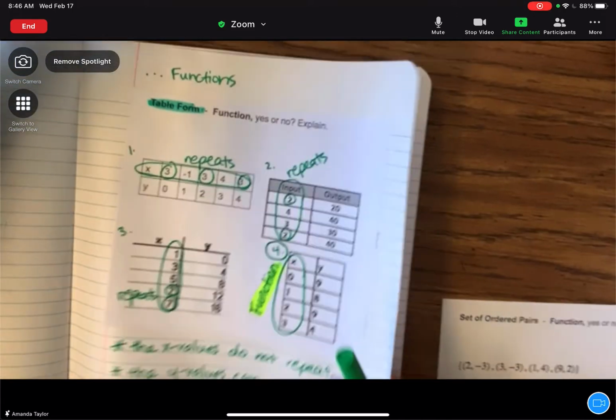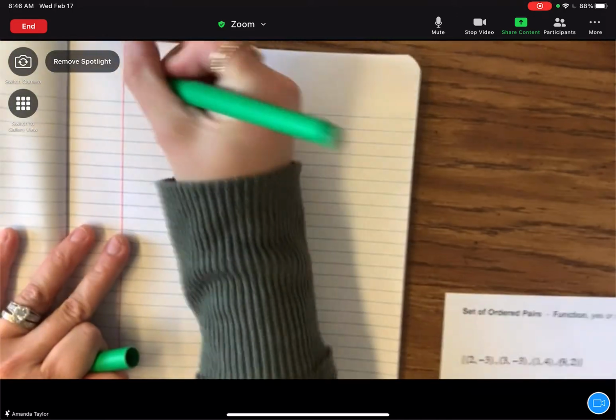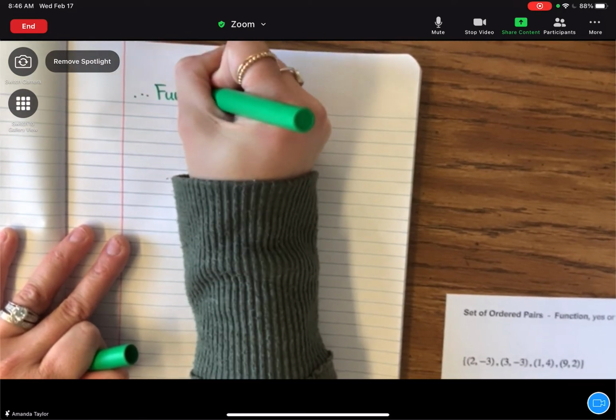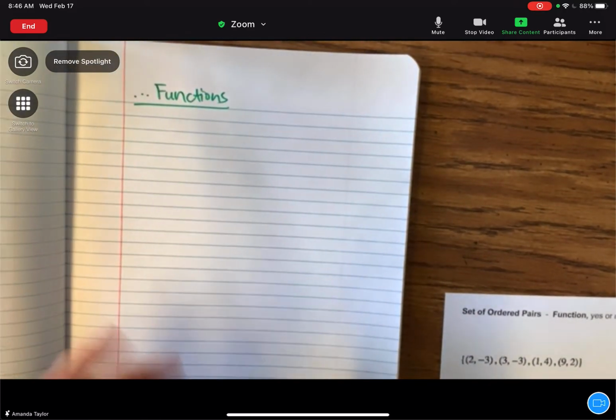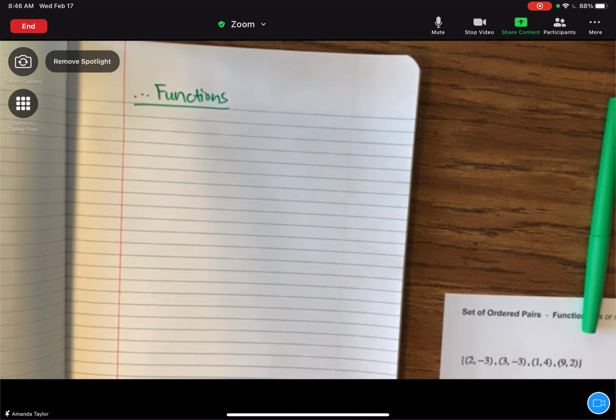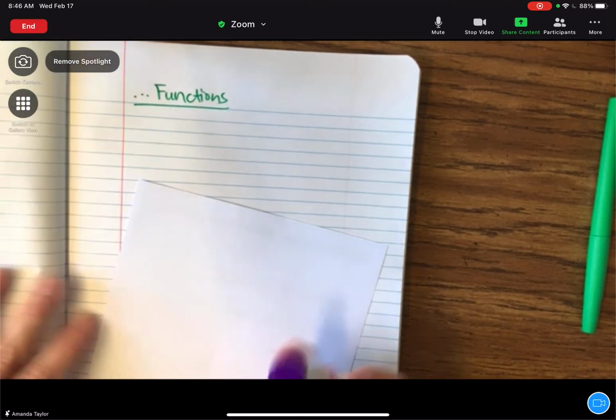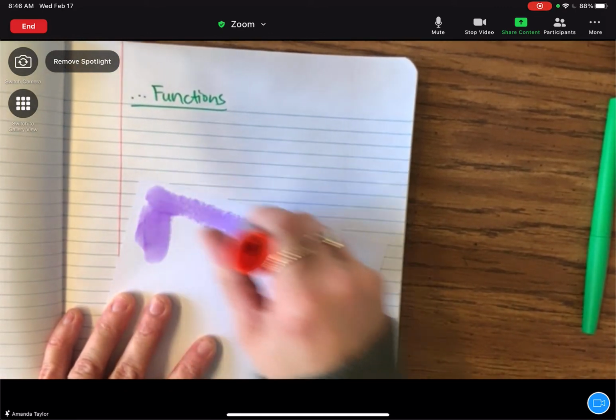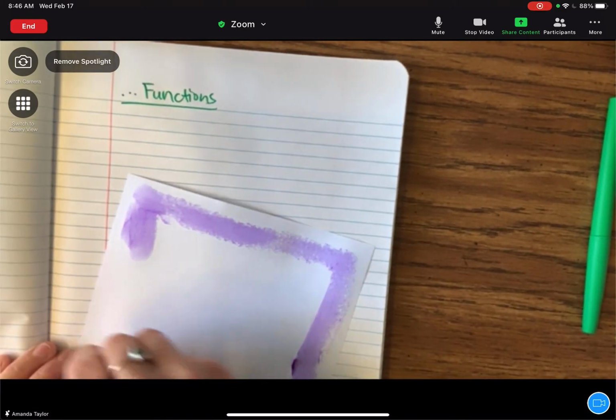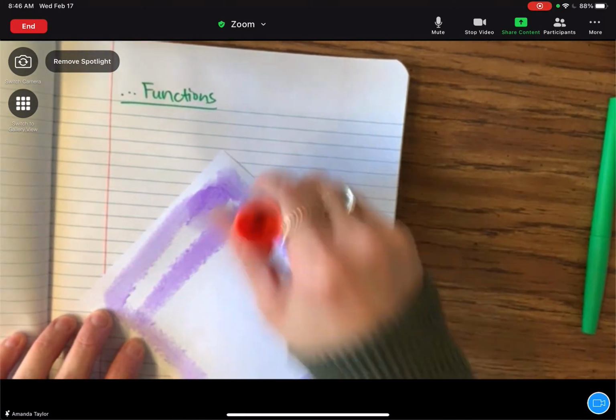So now I'm gonna go to functions. Hopefully you're kind of skimming these ordered pairs over. There are 4 relations again.